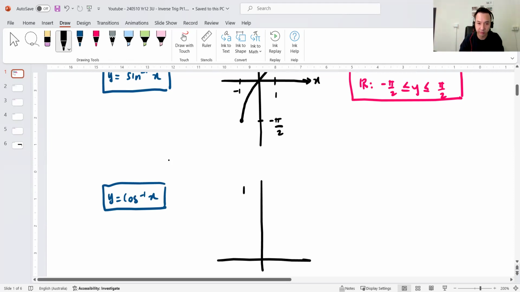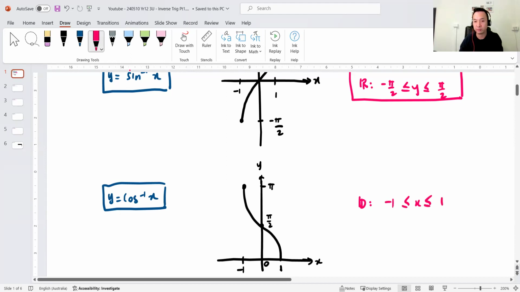It looks like that, where this is 1, that's -1, and the highest point there is pi, which makes that pi on 2, and that's the origin, that's x, and that's y. In terms of domain and range, the domain is exactly the same as sine, bound between -1 and 1. But the range is now bound between 0 and pi.